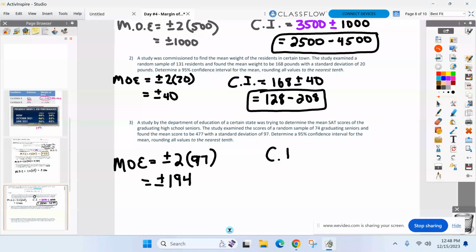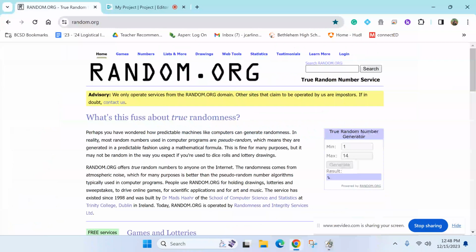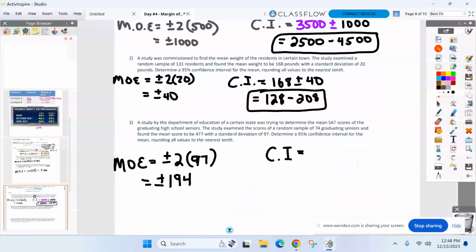Let's go to the confidence interval with me. What are you adding and subtracting here to get to the confidence interval? There we go. Max, hello. 477 plus or minus 194. Good work.